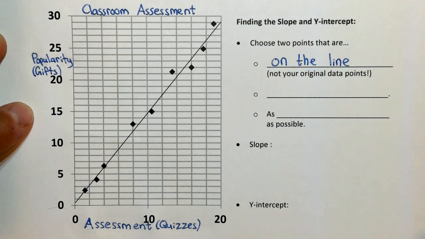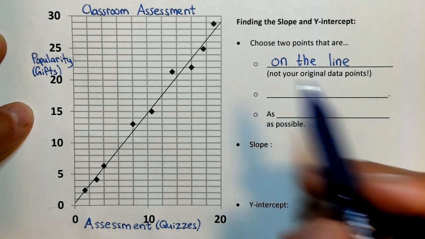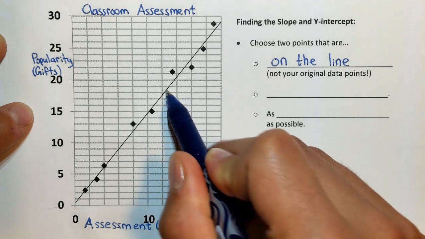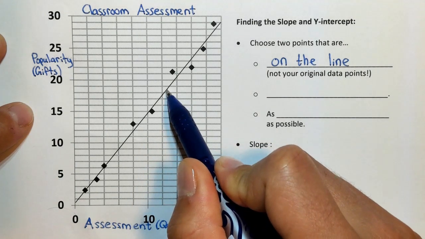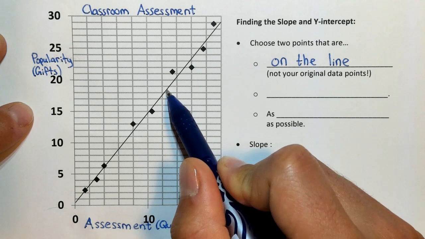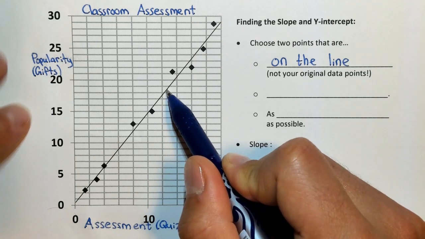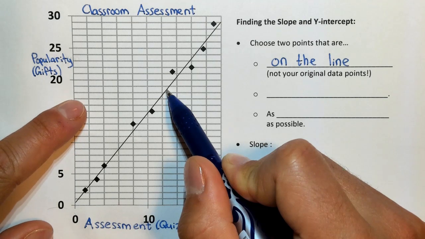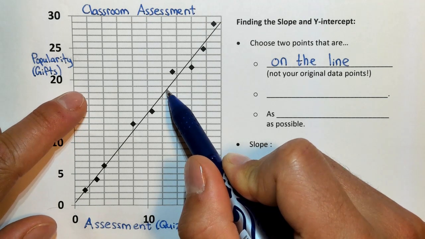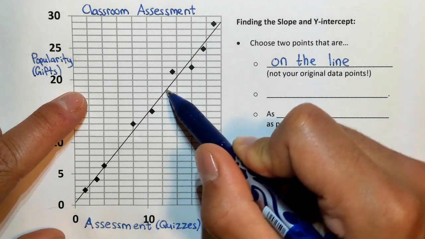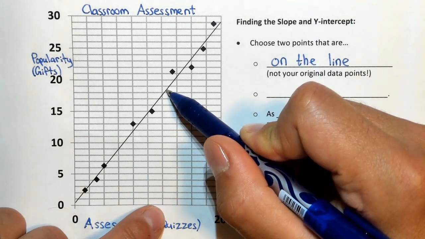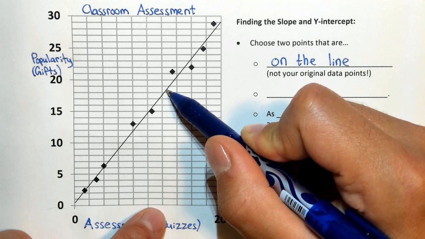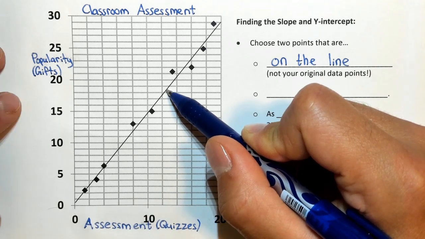Because we often don't want to look at them that much after we have this line of best fit. So here's a point on the line of best fit right there. Now that's not a great point to use because it's hard to figure out what the coordinates are of it. It's maybe 15, 16, 17, 18 and a half on the y-axis, and on the x-axis it's, let's say 12.3 or something like that.